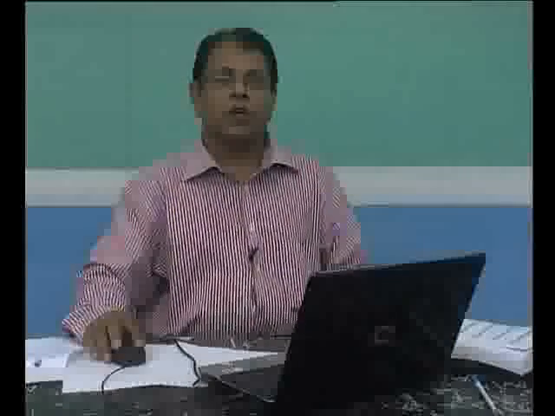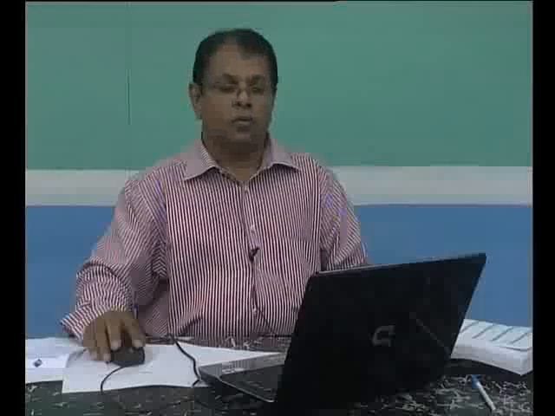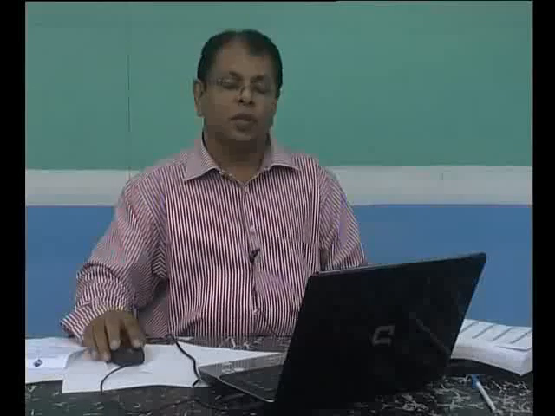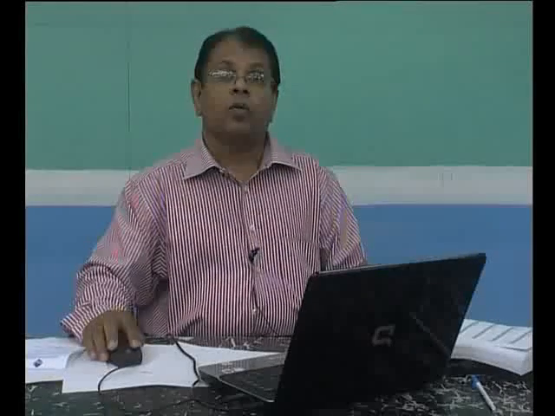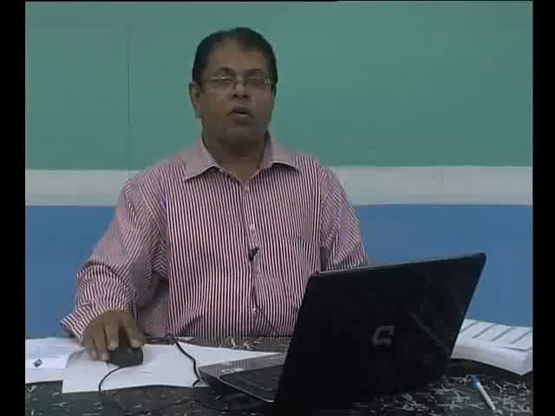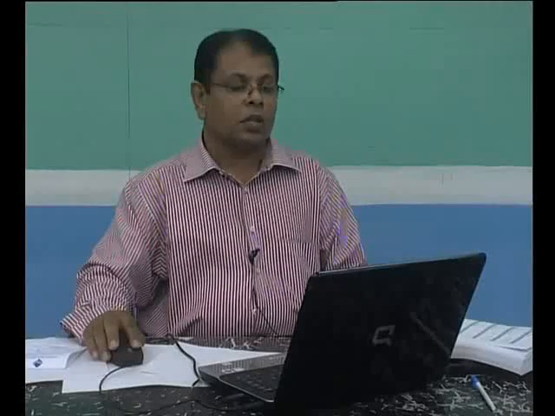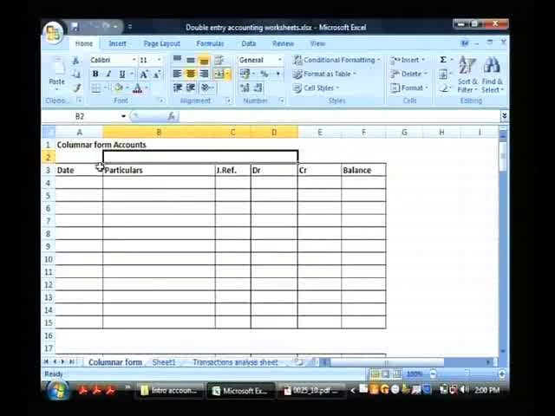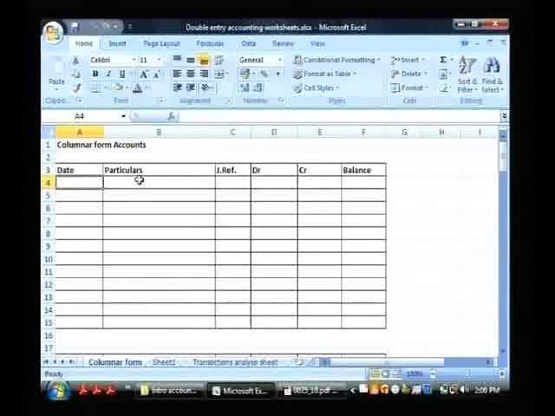Having completed the first part of the question, now we will look at the second part, that is to prepare columnar form ledger accounts. Columnar form ledger accounts, you can see the format here: date, particulars, journal reference, debit column, credit column, and the balance. So here there are no two sides like in the case of T accounts.